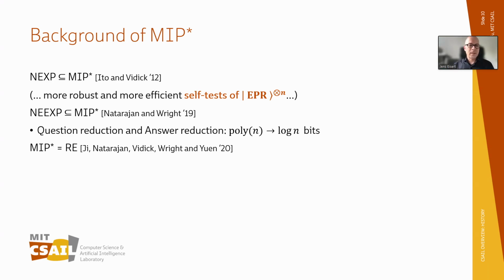Maybe you can type it in the chat. I think the question was, it's already known that you showed this result before about how MIP connects to NEXP, and I think Lorenzo was wondering, is the connection between MIP and MIP star clear? Oh yeah, so the soundness of classical MIP only holds against classical provers.